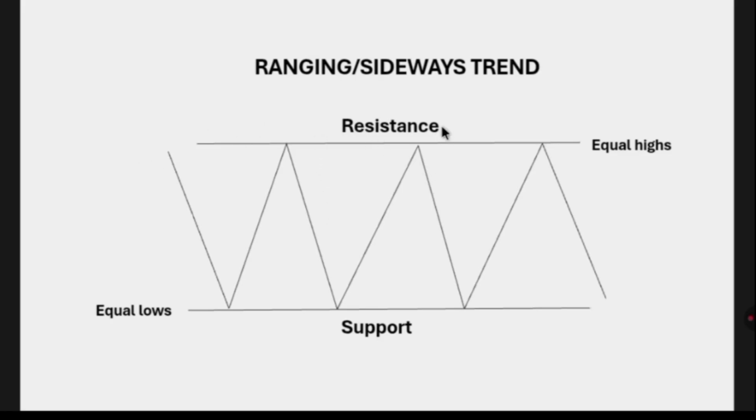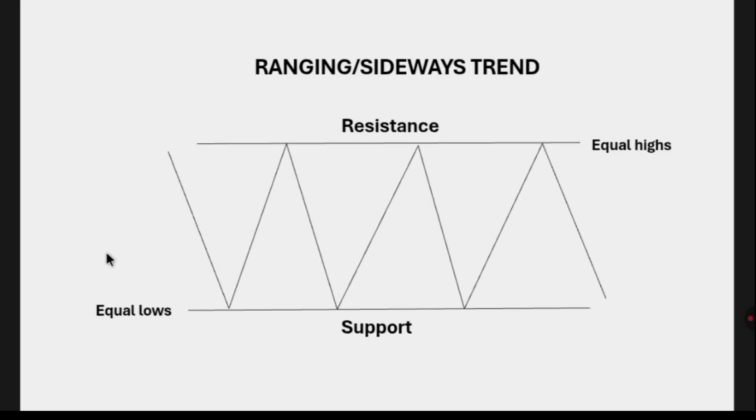So now you need to understand what support and resistance is. You see price going up and hitting this particular zone and reversing back, it is a resistance zone. All right, so the same for support, price dropping and bouncing back, it is a support zone.